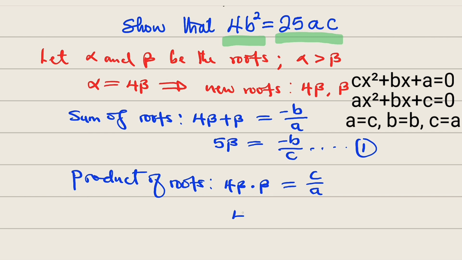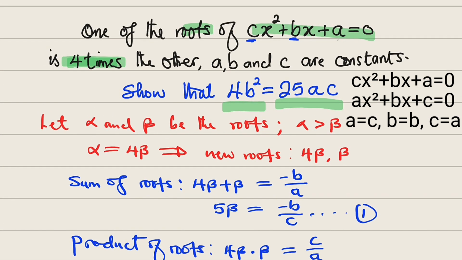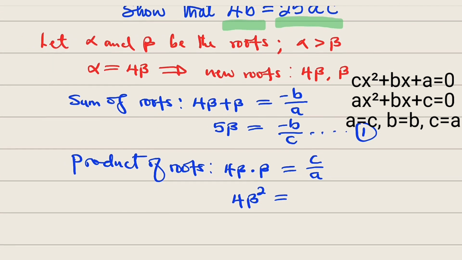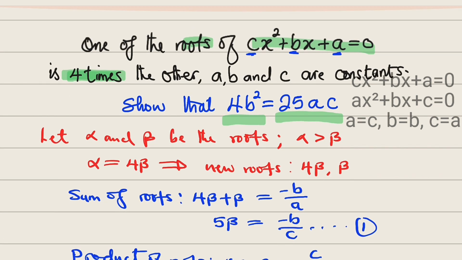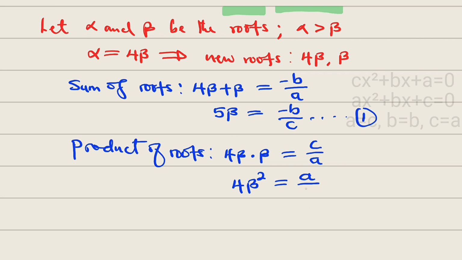This becomes 4 beta squared, and this is equal to our constant from the equation, which we have here as a, divided by the leading coefficient. From the question you can see it is the same thing as c, so this is divided by c, and let me call this one equation number 2.